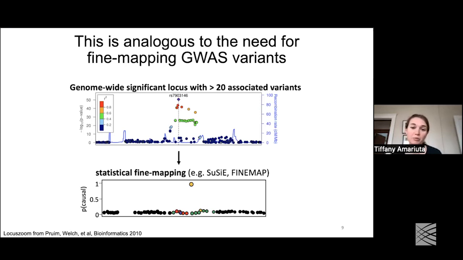Often in GWAS, we get these peaks of association due to LD, where the association strength is proportional to the total LD that the variant is being tagged by.